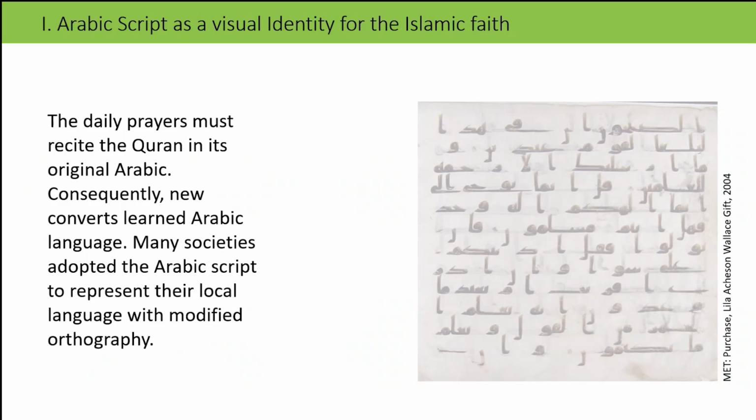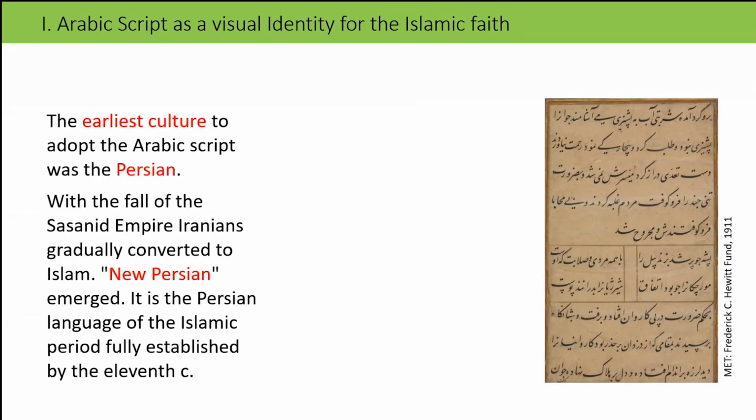So in the end, most converts to Islam learned Arabic, but moreover, you see that communities and societies started adopting the Arabic script to represent their local language with modified orthography. The earliest culture to adopt the Arabic script was Persian, after the fall of the Sassanian Empire.